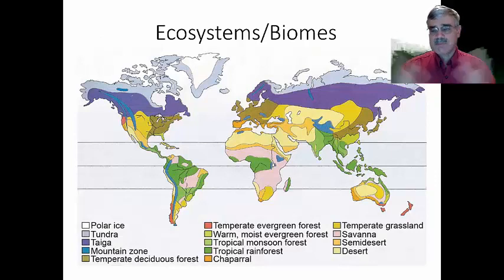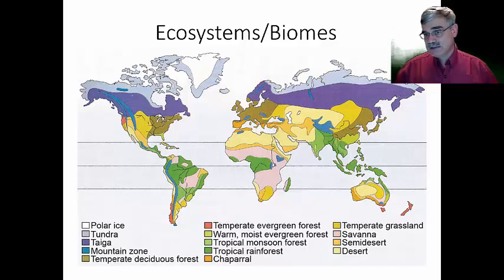Biomes. Remember, a biome is a larger area that shares some of the same type of species and climate. And here are a number of the biomes that the land masses on planet Earth are usually described as, so that you get some idea what we mean when we say a biome. For example, polar ice caps, that would be a biome, or the tundra, or taiga, or mountain zones.